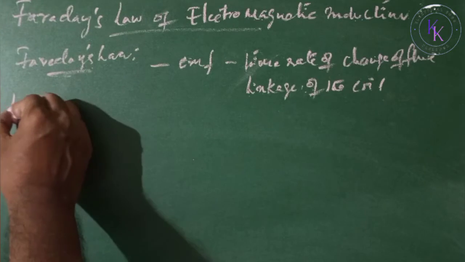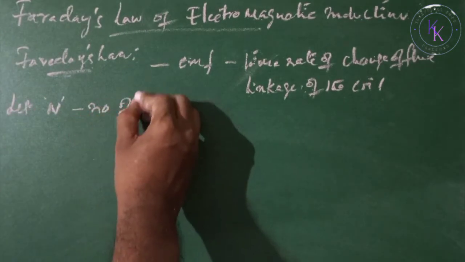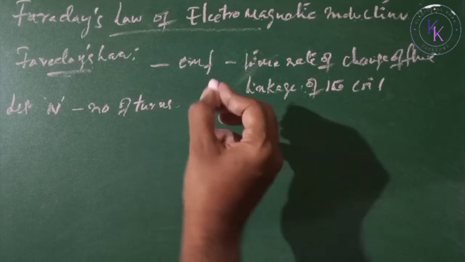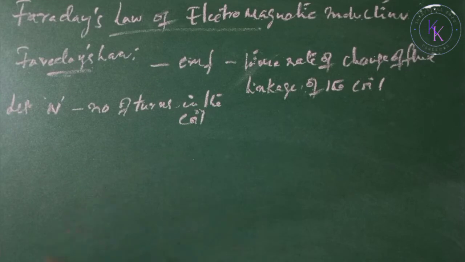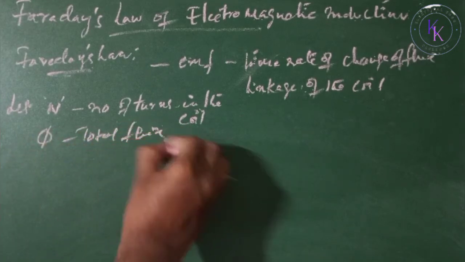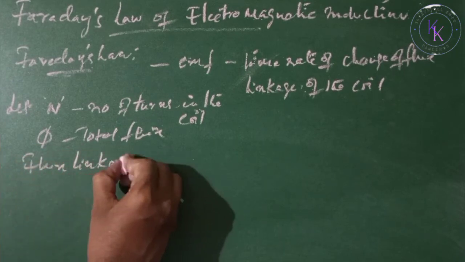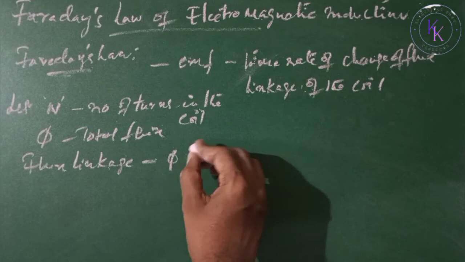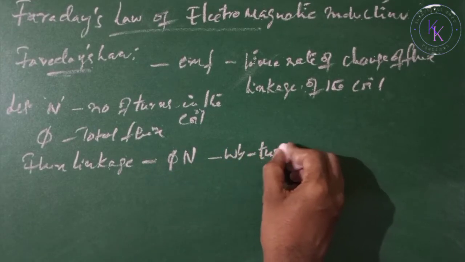Let N be the number of turns in the coil. Phi is the total flux. Now flux linkage is total flux multiplied by the number of turns, in Weber-turns.